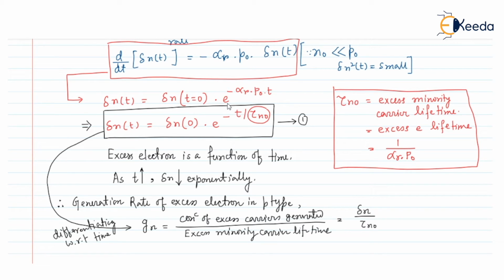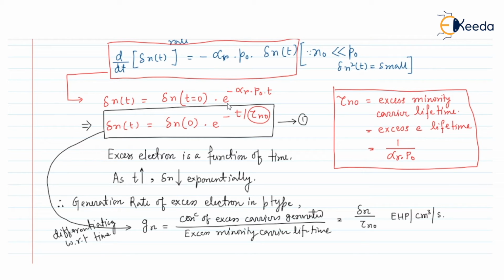If we differentiate the equation 1 with respect to time, then we can find the generation rate. And the unit of this generation rate will be electron hole pair per unit volume, that is the centimeter cube per unit second.